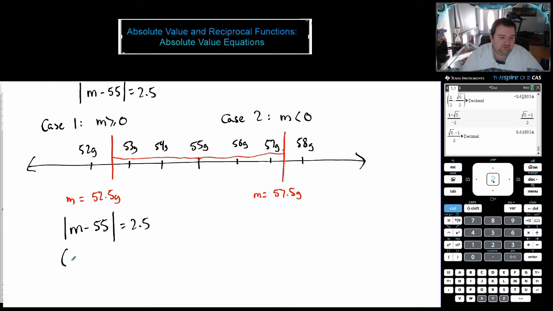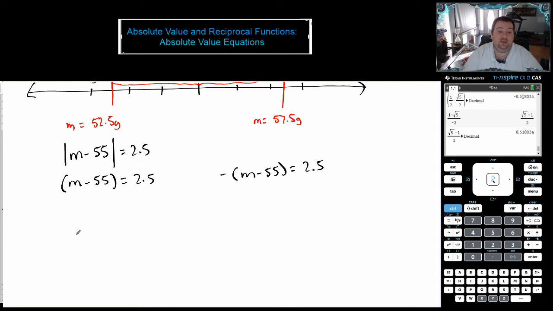Well, there's two cases, and in the previous video we set it up like this: M minus 55 equals 2.5 and negative M minus 55 equals 2.5. And at this point they're quite easy to solve, aren't they? So you just go M minus 55, drop the parentheses, equals 2.5. You're going to add 55 to both sides to isolate M.